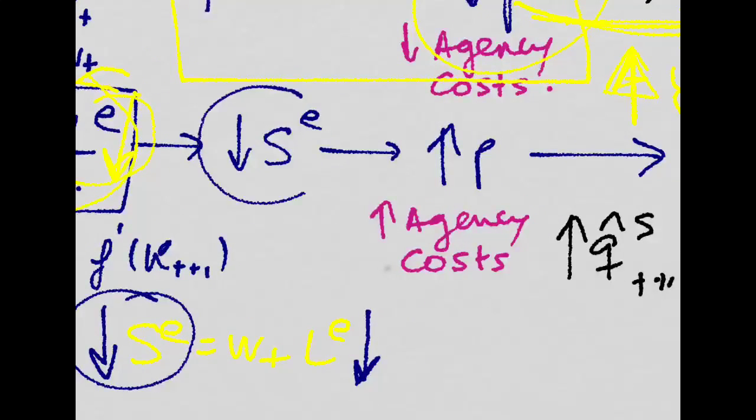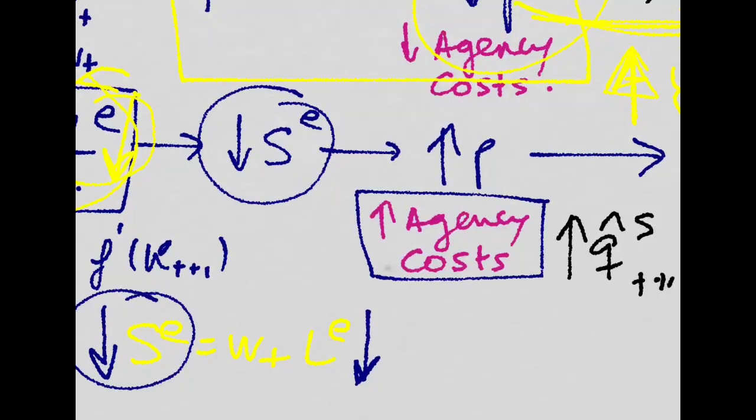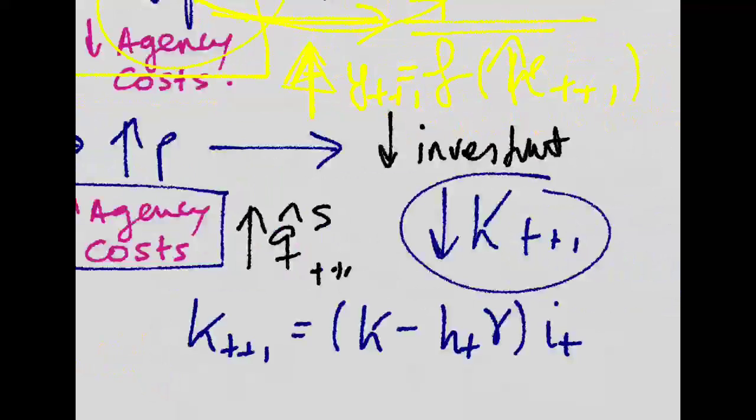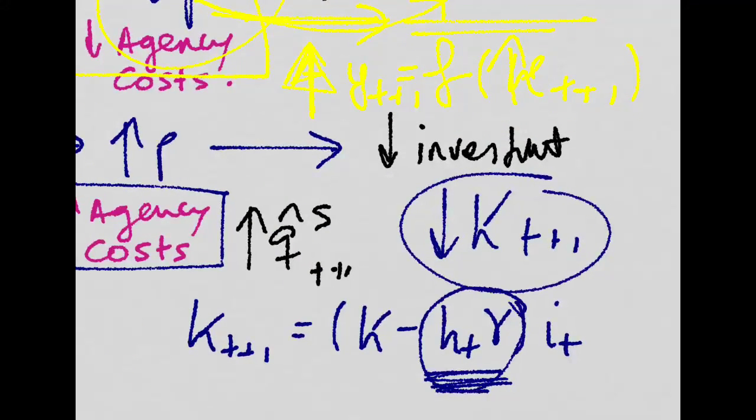Now, since they're less wealthy, they have to borrow more, but since they have to borrow more, there's more chance that they will not be able to repay in the bad state of the world, so the agency costs increase. So that means that we have to audit more, and then this will all go up, meaning the investment in the future will go down.